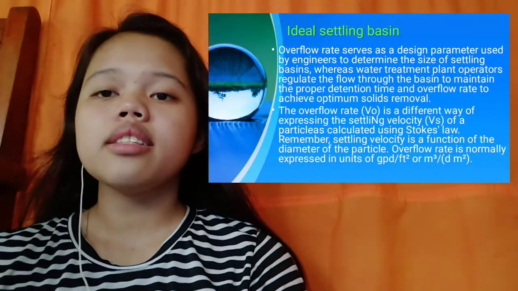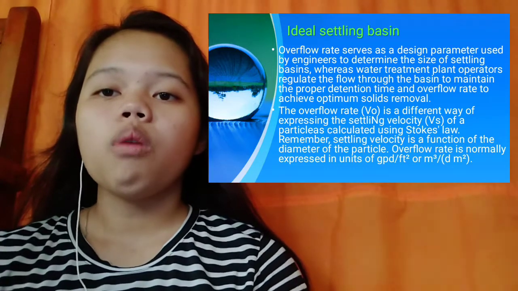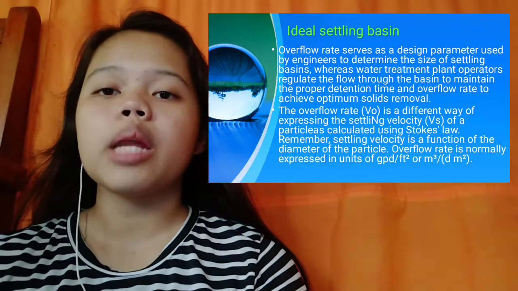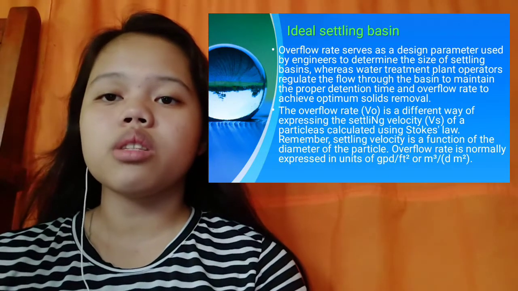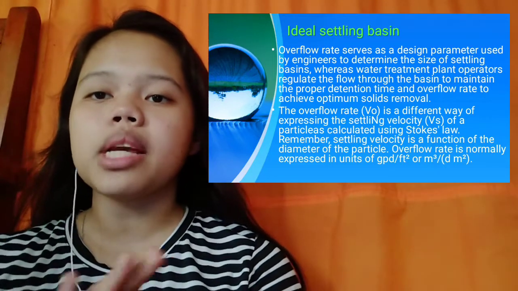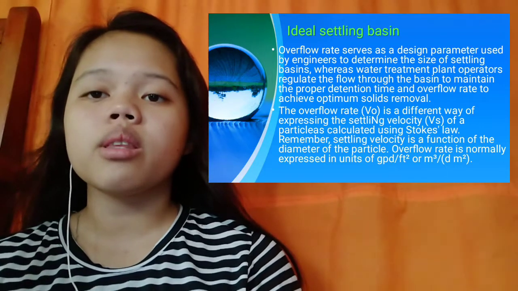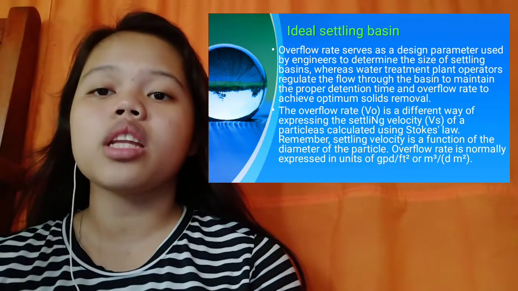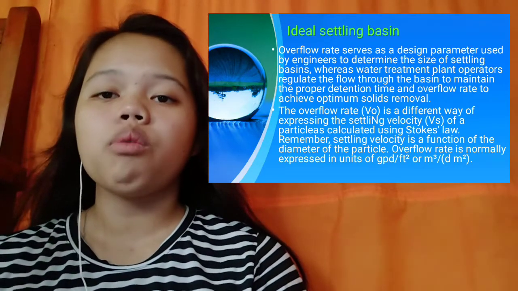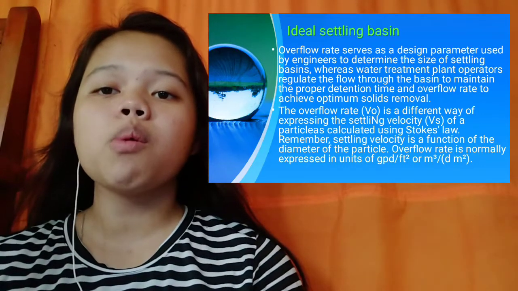Ideal settling basin. Overflow rate serves as a design parameter used by engineers to determine the size of settling basins, whereas water treatment plant operators regulate the flow through the basin to maintain the proper detention time and overflow rate to achieve optimum solids removal.